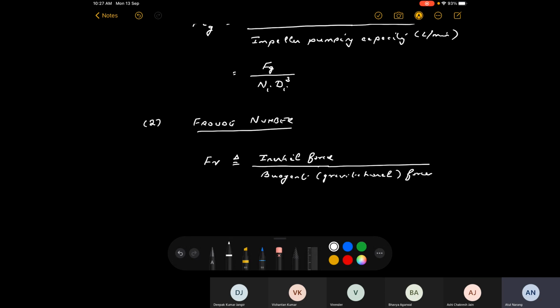So the Froude number is sort of taking the ratio between the inertial force and the buoyant force, or the gravity, the term with rho g in it. Just like the Reynolds number takes the inertial force on top and the viscous force at the bottom, this is taking the inertial force on top and the external force called buoyancy or gravitation at the bottom.